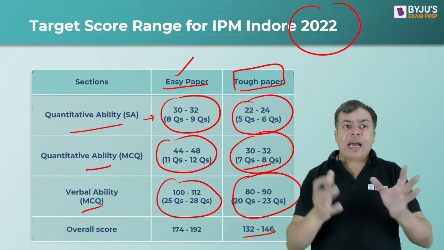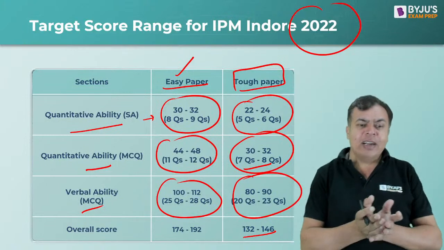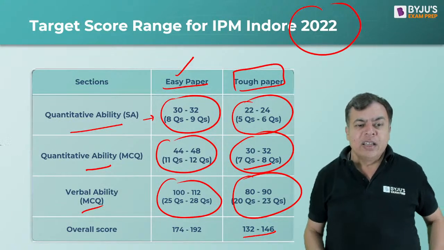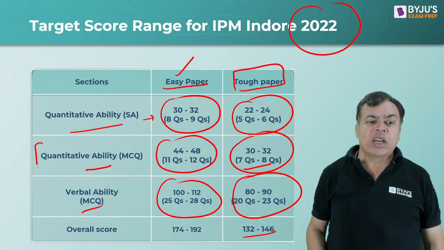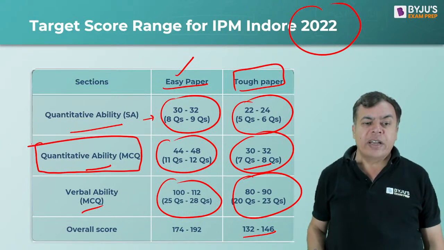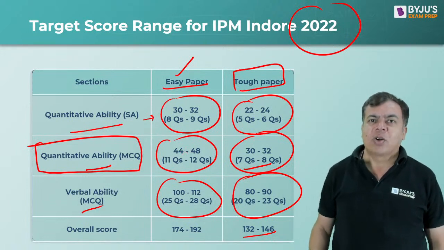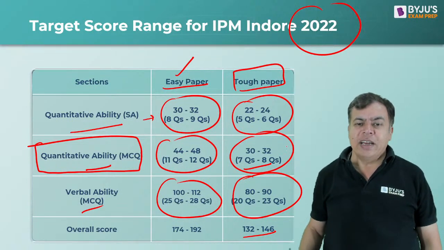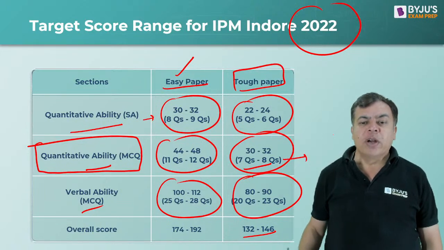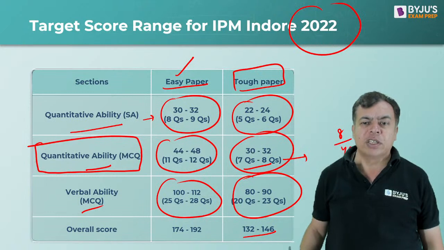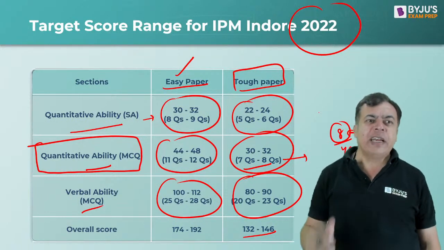By knowing that this is my target score, understand this: even if it is a difficult exam, and let's say talking about the quant MCQ, which is the most difficult section according to most of the students, you need to score only 7 to 8 questions. When I know that I need to score only 8 questions out of the 40 questions, I can easily look for those easy 8 questions.